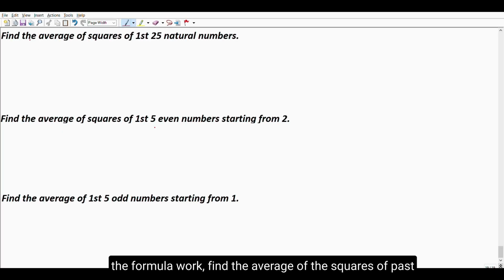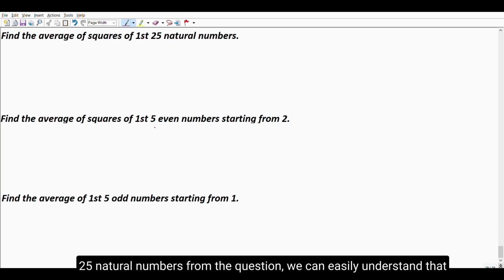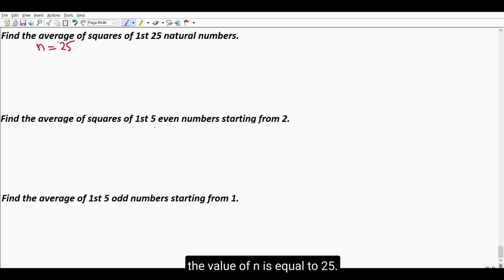Find the average of the squares of first 25 natural numbers. From the question, we can easily understand that the value of n is equal to 25.